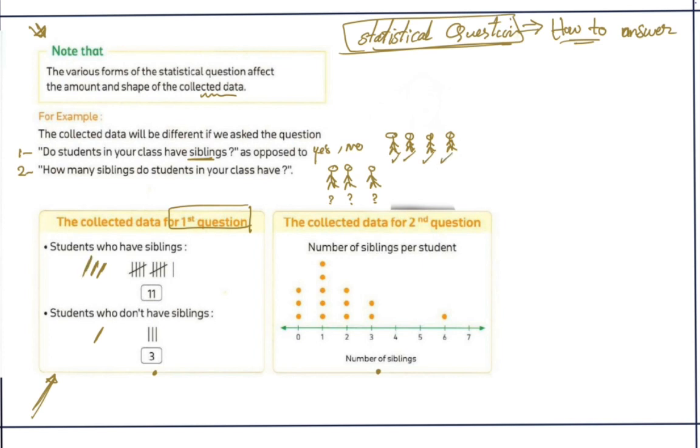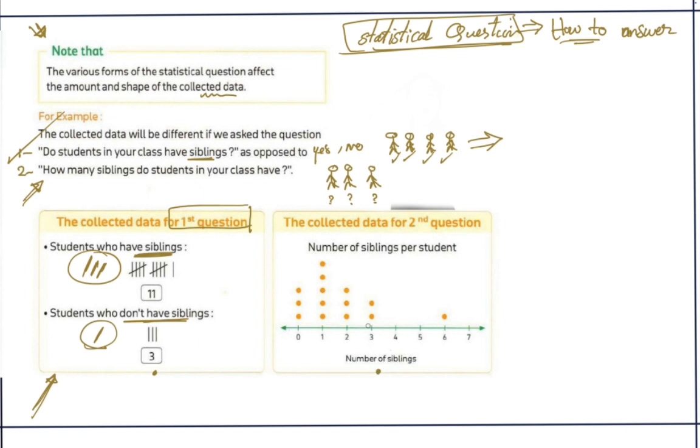And so on, until reaching the last student. Now I have the number of students who have siblings and the number of students who don't have siblings. And this is the answer for the first question. But for the second question, I need to find how many siblings they have. We use a dot plot.